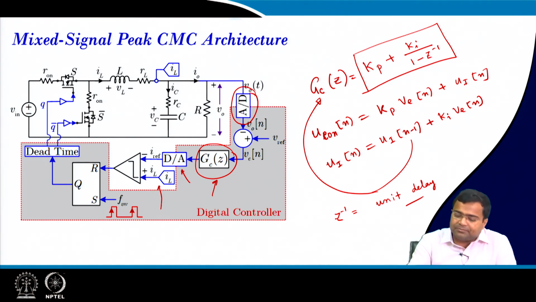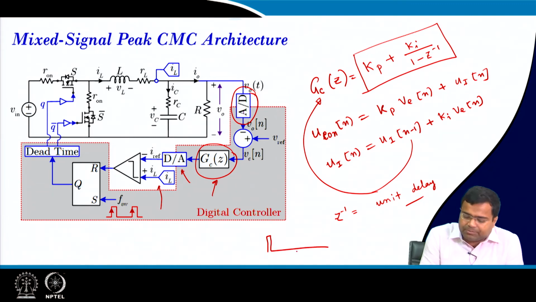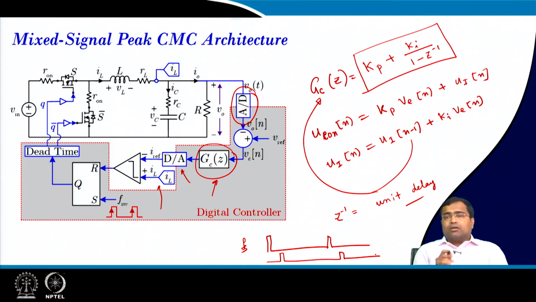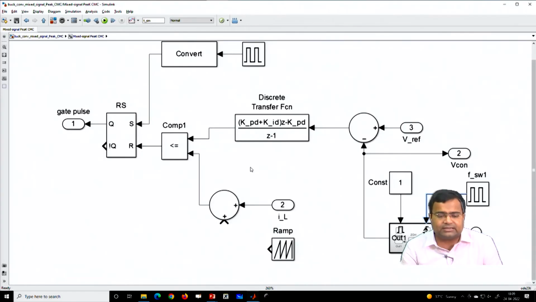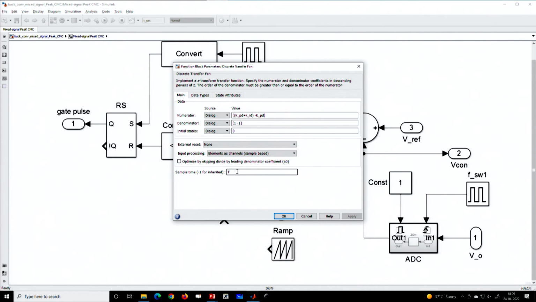Now, if we want to customize the sampling edge, that means we want to change the sampling point. Suppose this is my sampling point, and I want to shift it here. Then simply plugging in this block may not work, because if you go inside this block, it will ask for the sampling time as if the whole computation will happen at that edge.